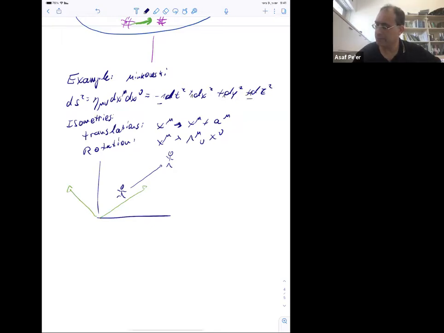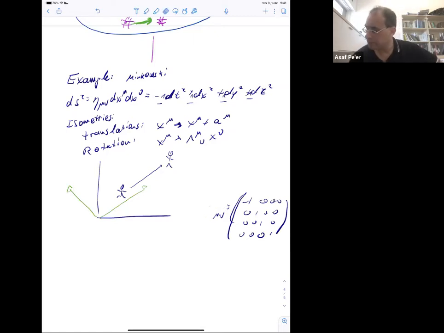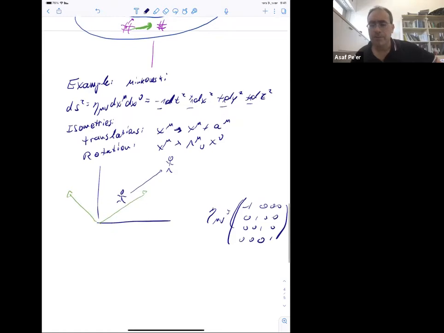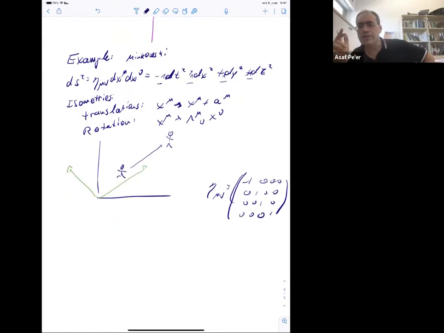The coefficients of the metric, oh, this is not g mu nu, this is eta mu nu, and they're independent of the coordinates.